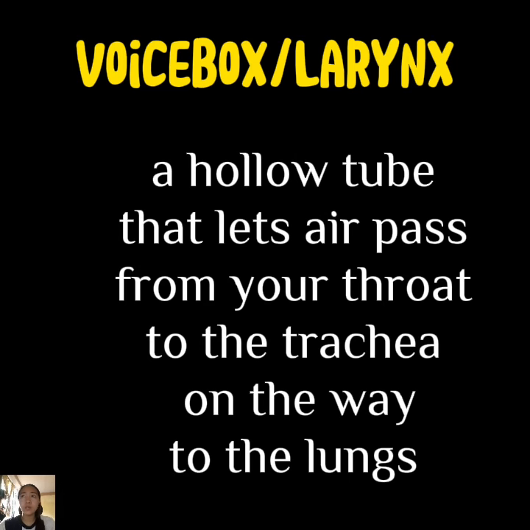Let us now proceed with the voice box or the larynx, which is a hollow tube that connects your throat to the rest of the respiratory system. It contains the vocal cords and is used for breathing, swallowing, and talking.